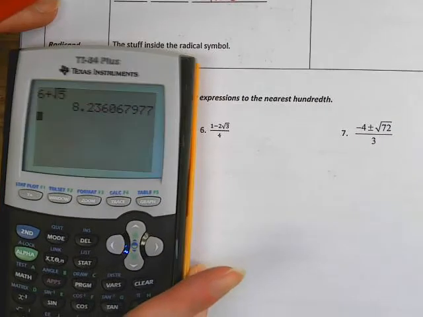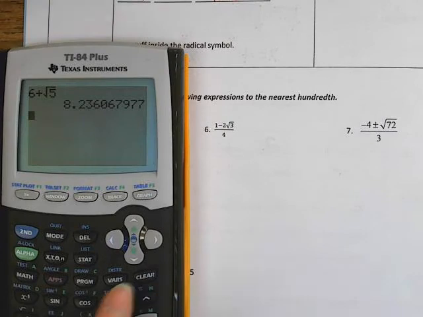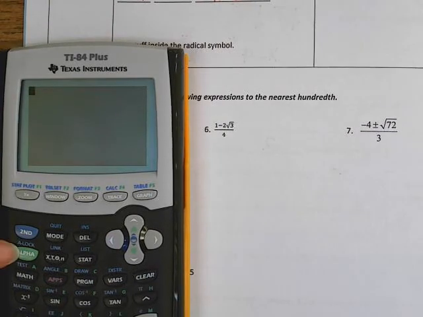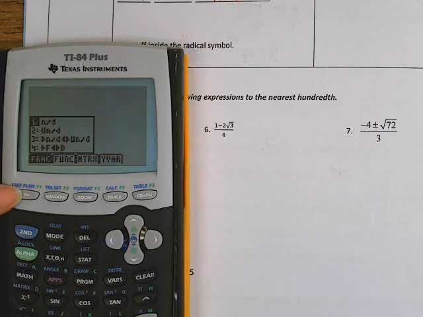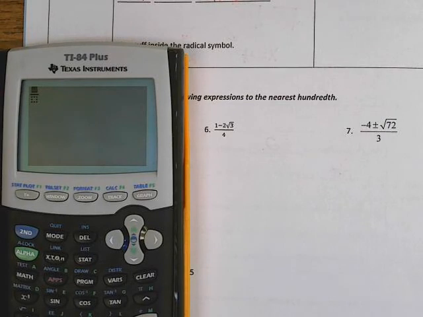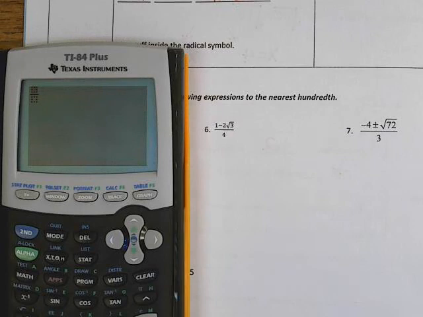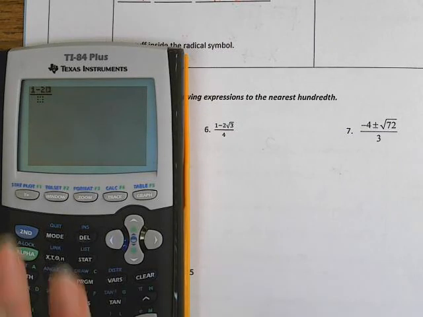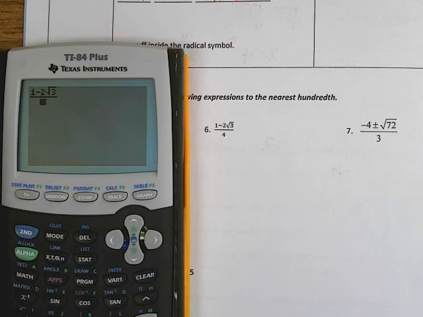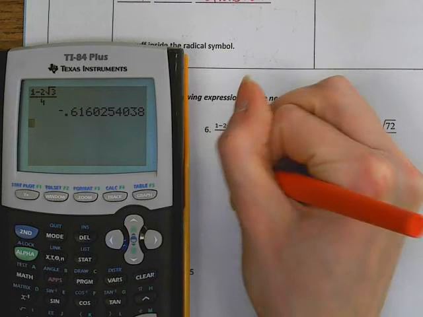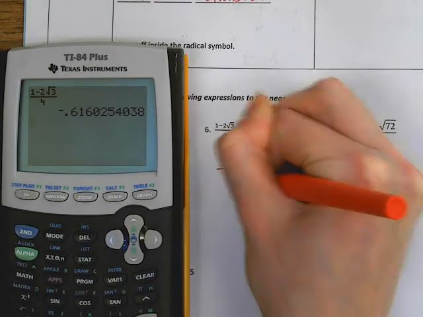Now for this one, since it's written as a fraction, I would go to my alpha y equals, hit enter. I would go to my fraction button so I can just type it in exactly. So 1 minus 2 square roots of 3 all over 4. And then it's really easy. It's just negative 0.62.